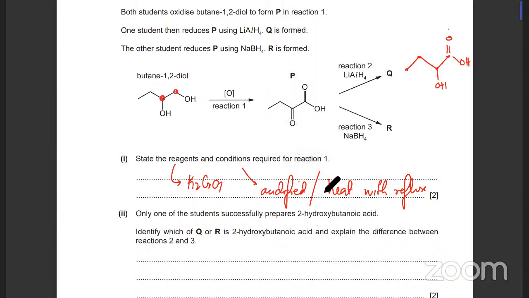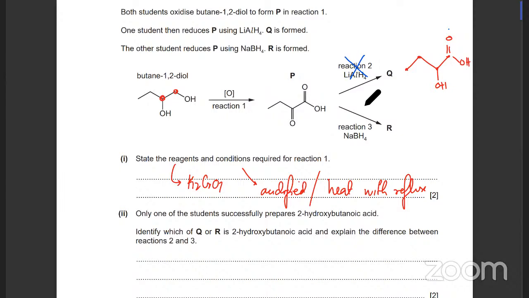So he's saying only one of them is going to prepare 2-hydroxybutanoic acid. Is it going to be Q or is it going to be R? It's going to be R. Q will not do that.